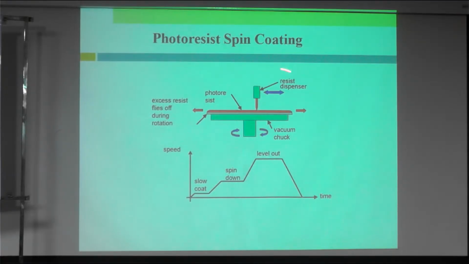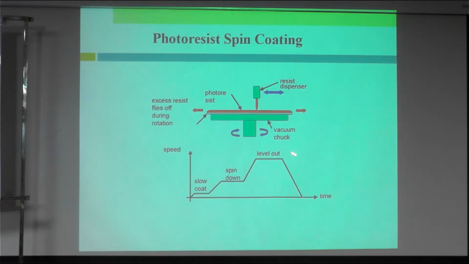So this is a typical spin coating process where normally we go through a slow coating at slow RPM, then we increase the speed a little bit. Each step has its own purpose. First is to spread the photoresist on the surface. Then this is just to stabilize a little bit. Then this level out is to remove any high thickness at the edge.